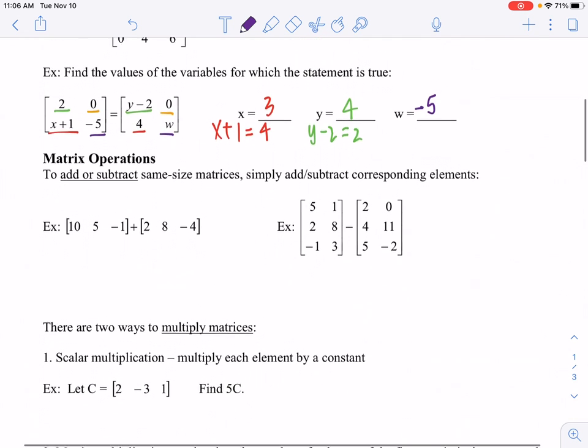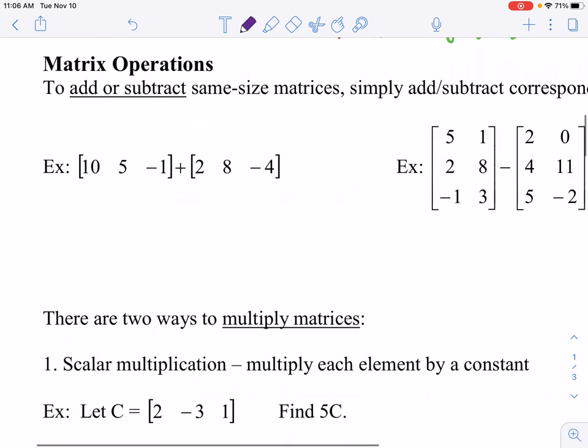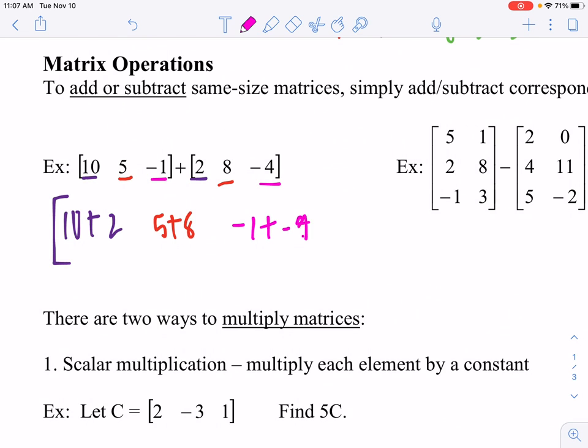You can do the same thing when you add or subtract matrices. The corresponding elements go together. So if I wanted to add these, then 10 plus 2 goes together to get my new matrix. 5 and 8 go together to make that new one. And negative 1 plus negative 4 go together to make that new last number.